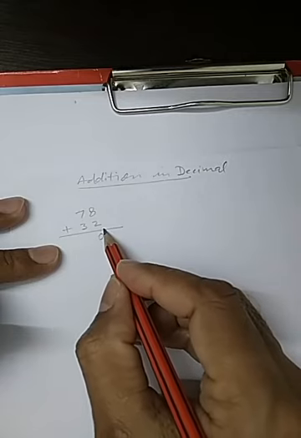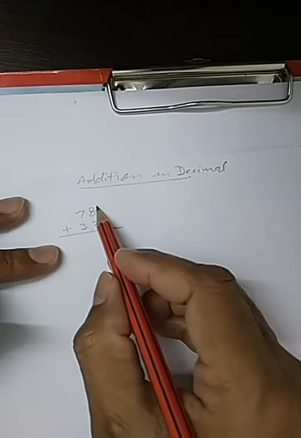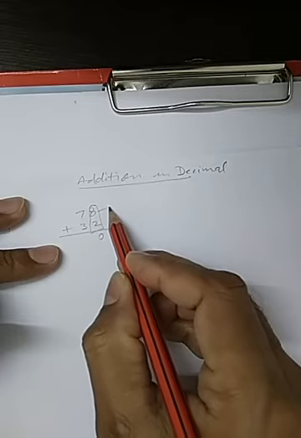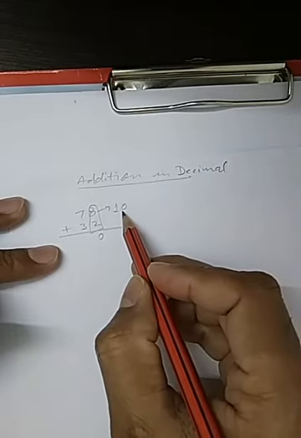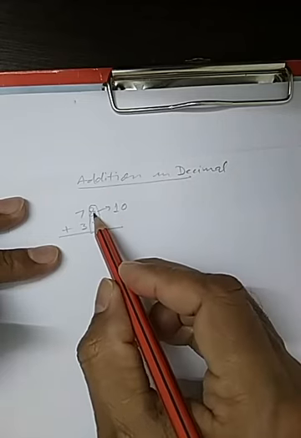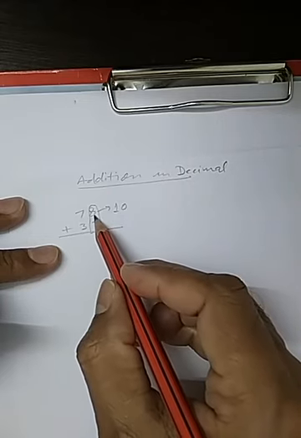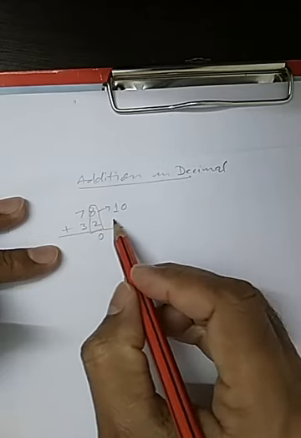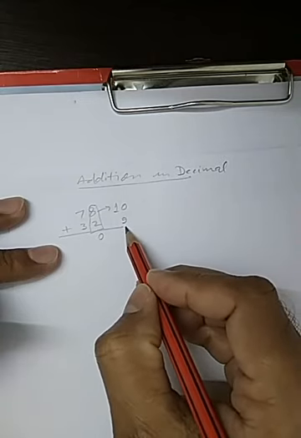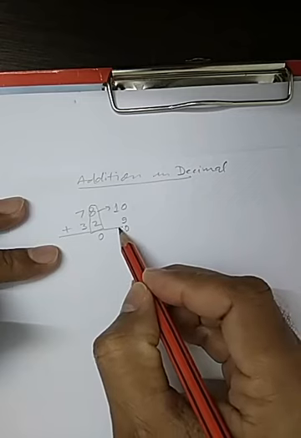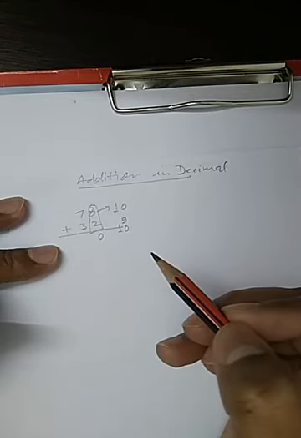Symbol 0, carry is 1. Now look at this one. When I am adding these two numbers, it is coming out to be 10. So how is it coming 10? 8 plus 1 is 9. After 9 I am making the next symbol 0 and producing a carry over here.